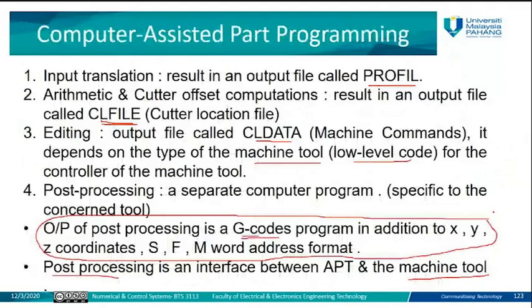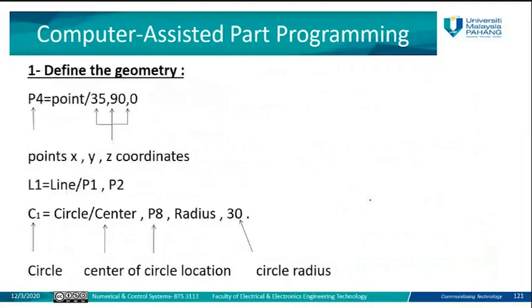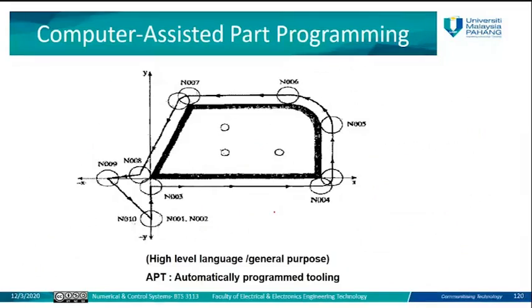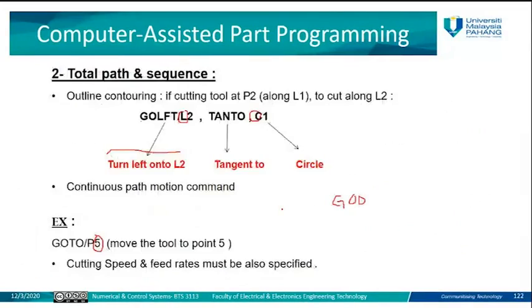So this is about computer assisted part programming. For example, you may be asked to differentiate between computer assisted part programming and manual part programming, or to provide some example of how computer assisted part programming works, or what the task of the computer or APT is in computer assisted part programming.